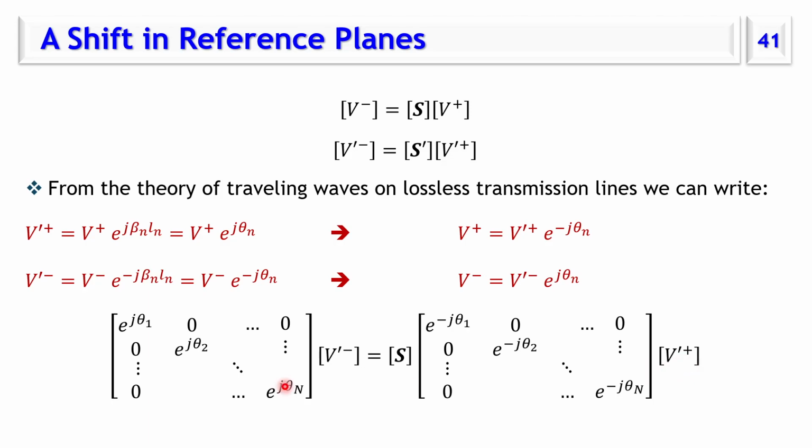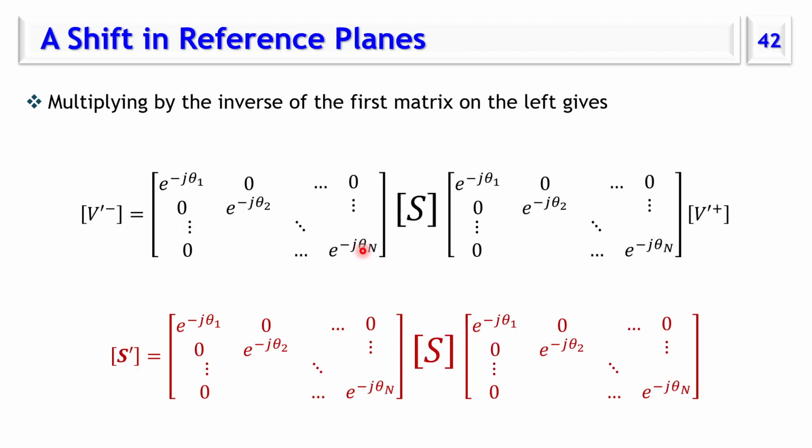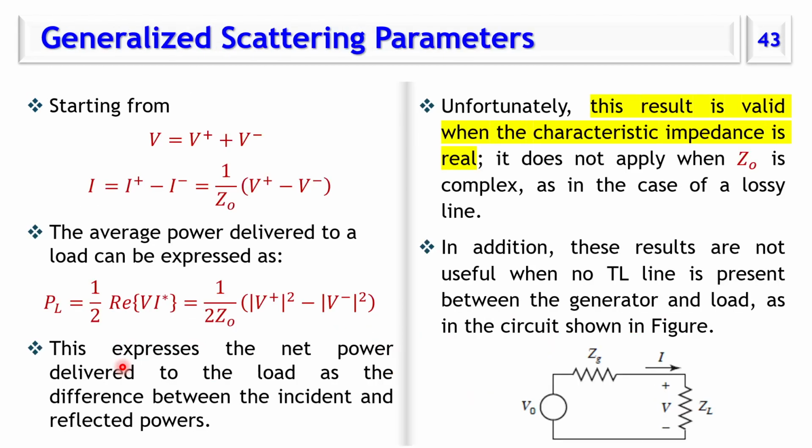In order to reach this, we multiply both sides by the inverse of this matrix. Because it's a diagonal matrix, we find that V minus prime, the reflected wave at the new reference plane, and V plus prime, the incident waves at the new reference plane, are related to one another with this relation. So this expression here equals the S prime matrix. This is the effect of a shift in the reference plane.